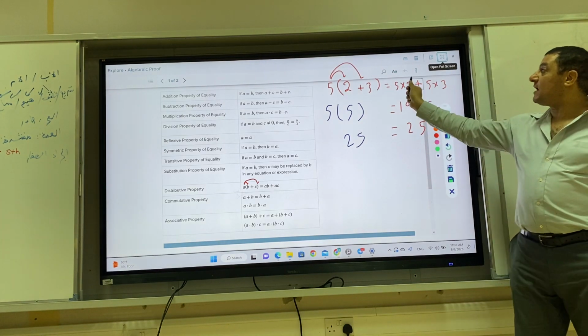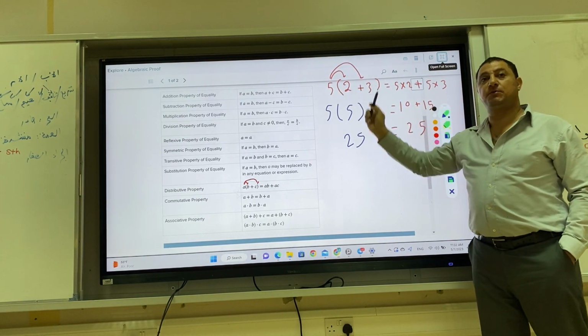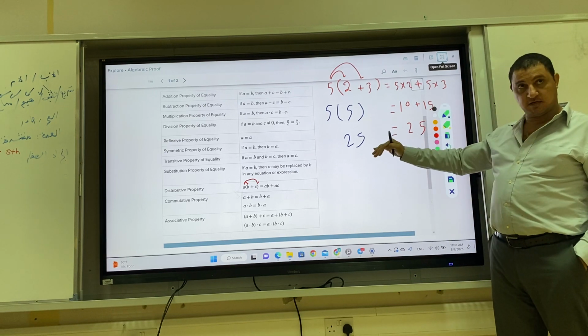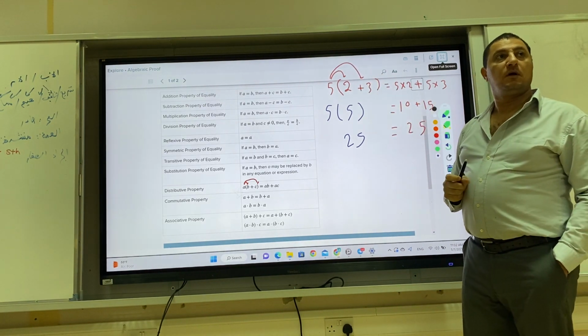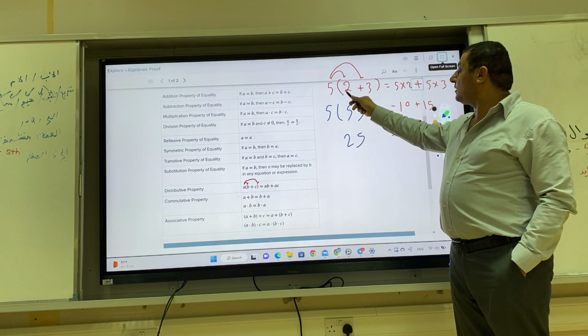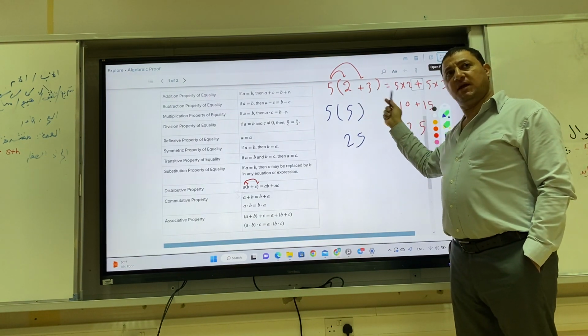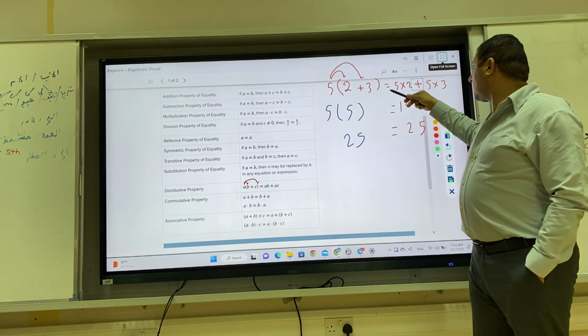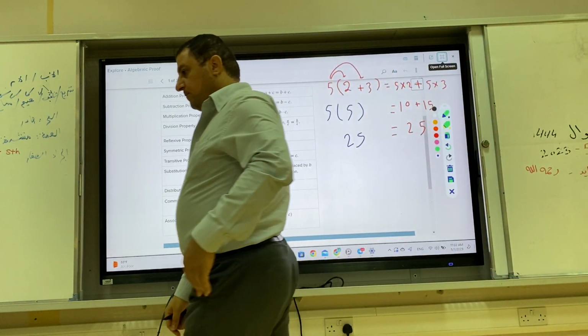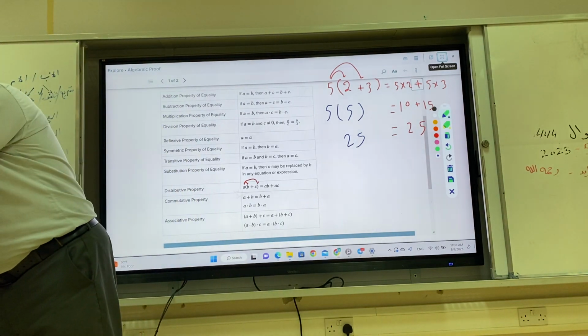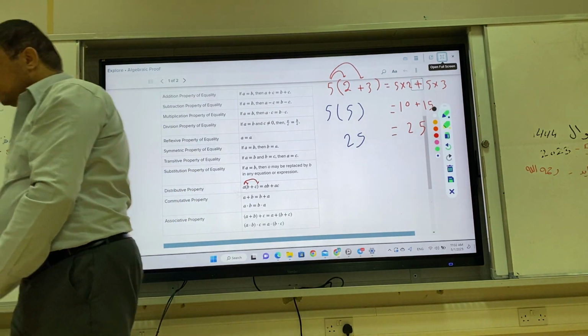So what I've done there is the distributive property. For sure this is easier with numbers, but when we have algebraic variables like a, b, x, y, we could need this distributive property to find out.